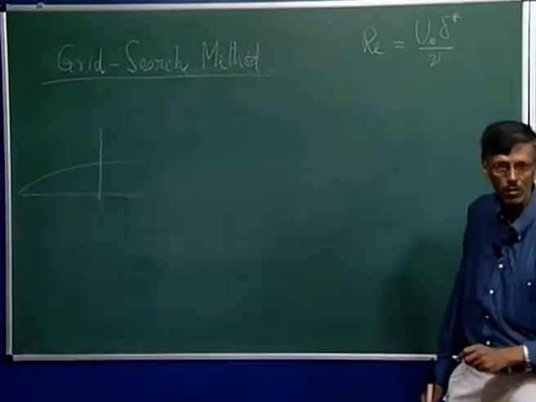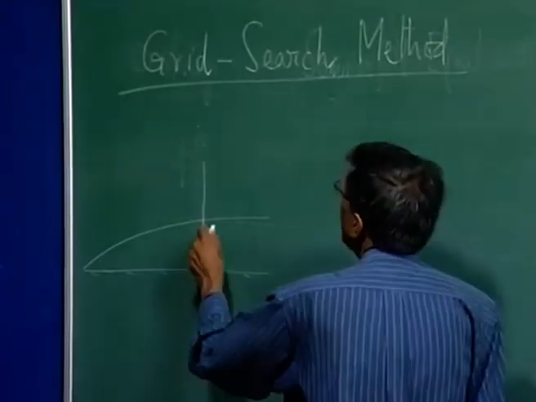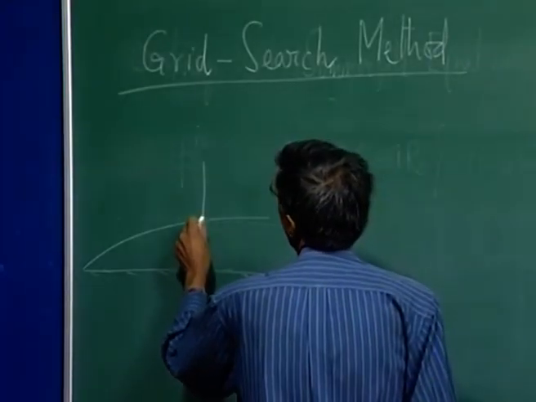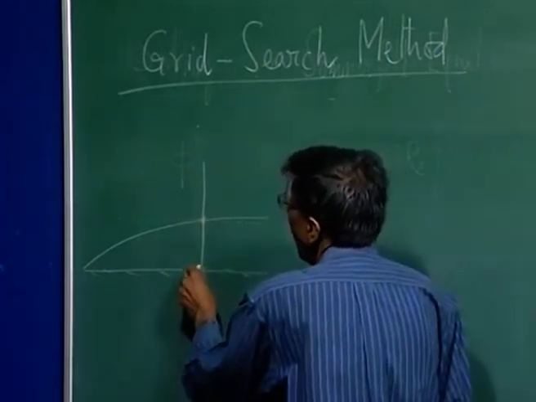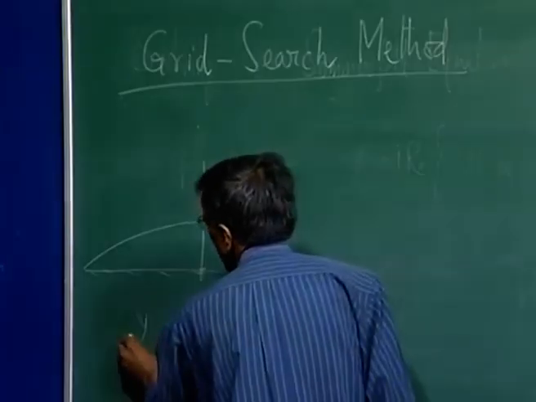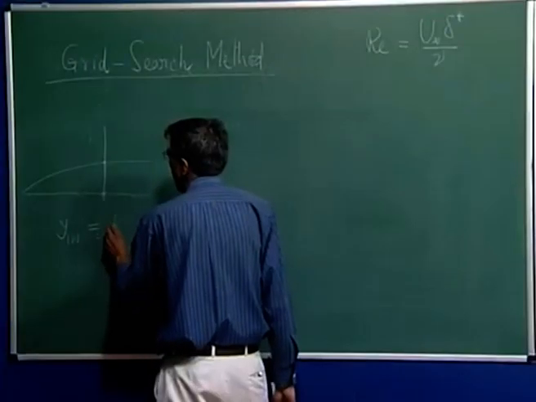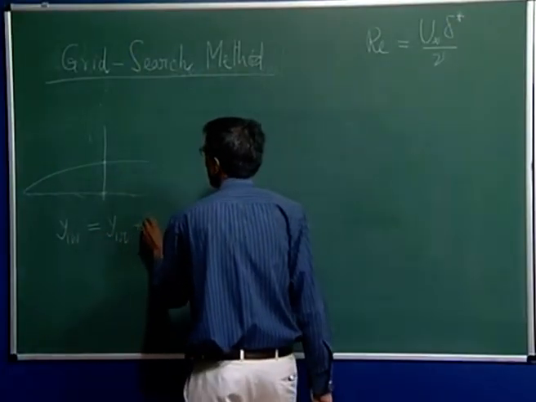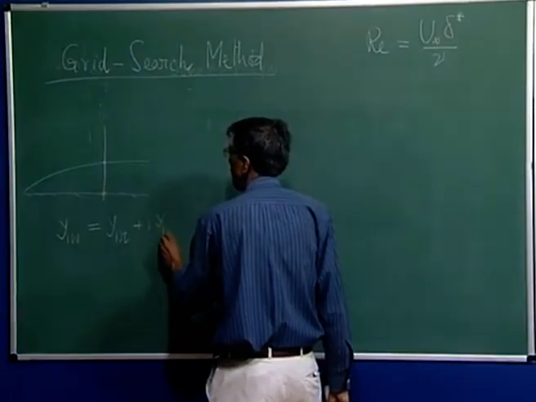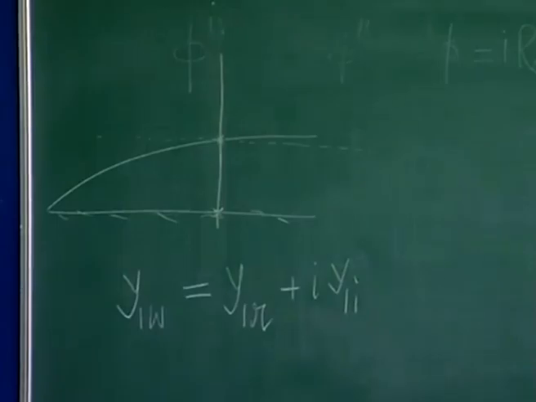So, that is your parallel flow approximation, right. Now, what you are doing is you are starting off with these initial conditions, you march up to the wall and you get y 1 at the wall, which is nothing but, I will call, let us say, y 1 real plus y 1 imaginary. Ideally, it should be equal to 0.